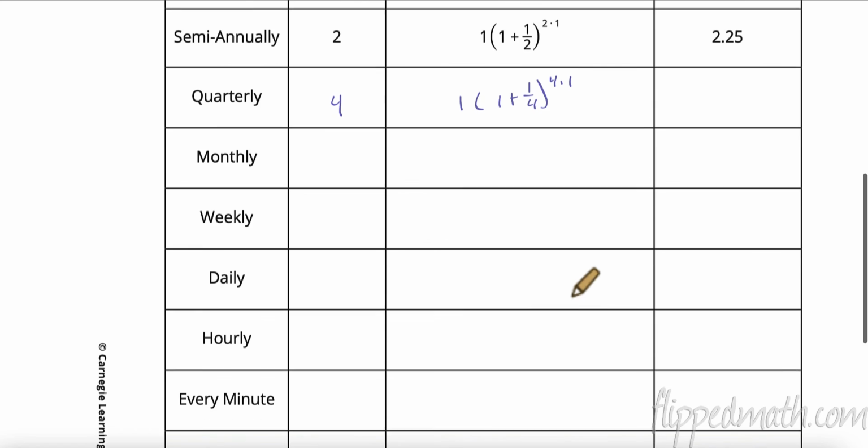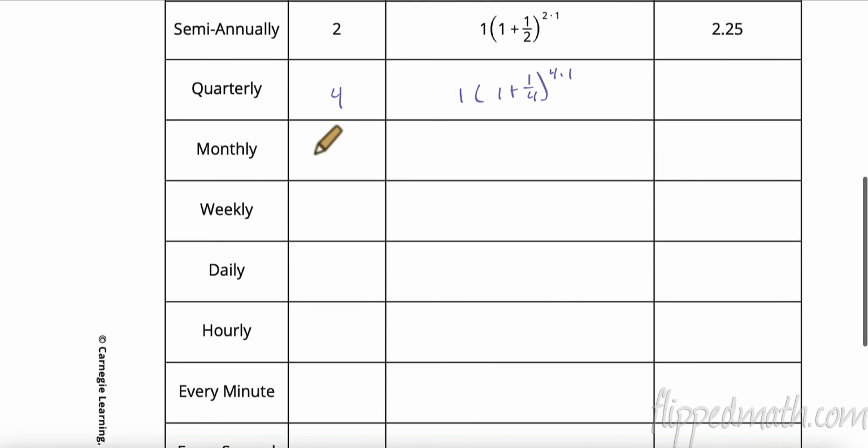All right, I want you to do this whole table. So let's think about this monthly. There'd be 12 months. Weekly, 52 weeks. Daily, 365 days. Hourly, well, that would be 365 days times 24, right? And I believe that gets you 8,760 hours in a year. That's crazy. Every minute, well, I'm going to multiply that by 60, right?